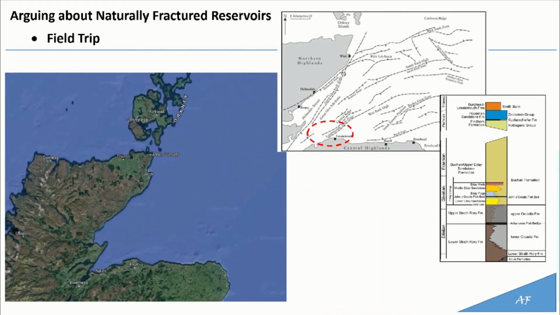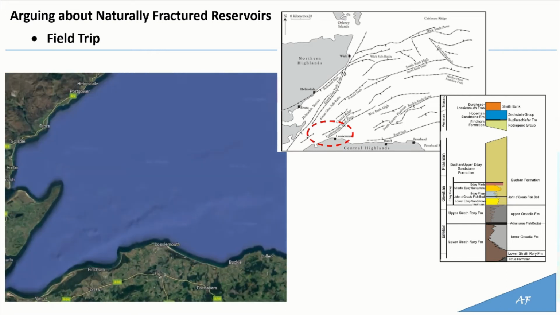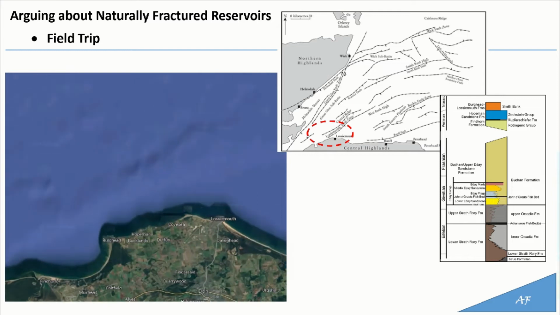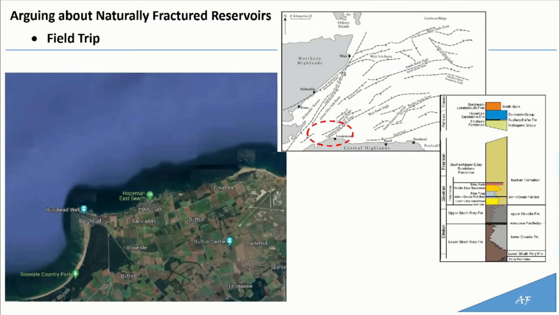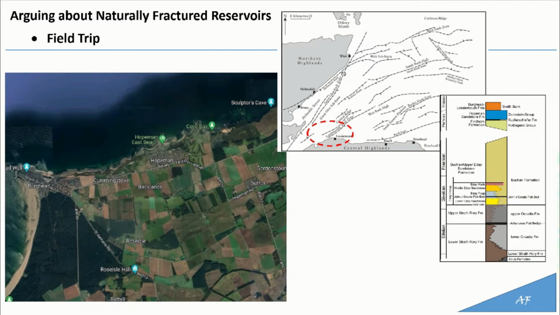Here, we find aeolian and fluvial sandstone created in desert environments, the Devonian Old Red Sandstone and the Permian and the Triassic New Red Sandstone. In particular, let's go to the Cove Bay.